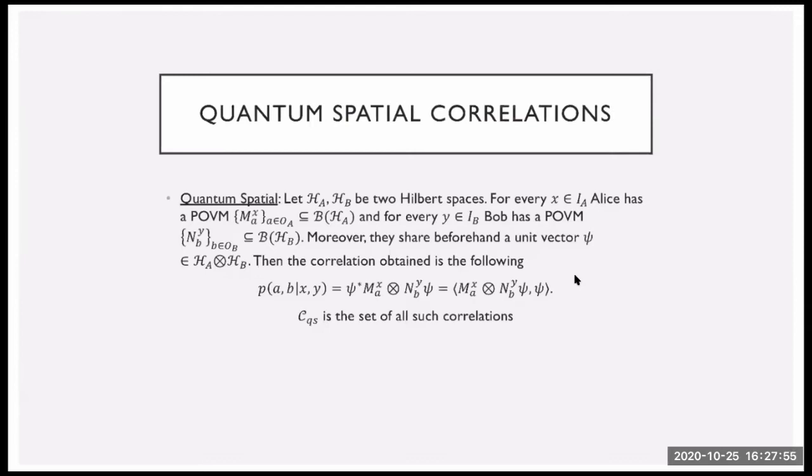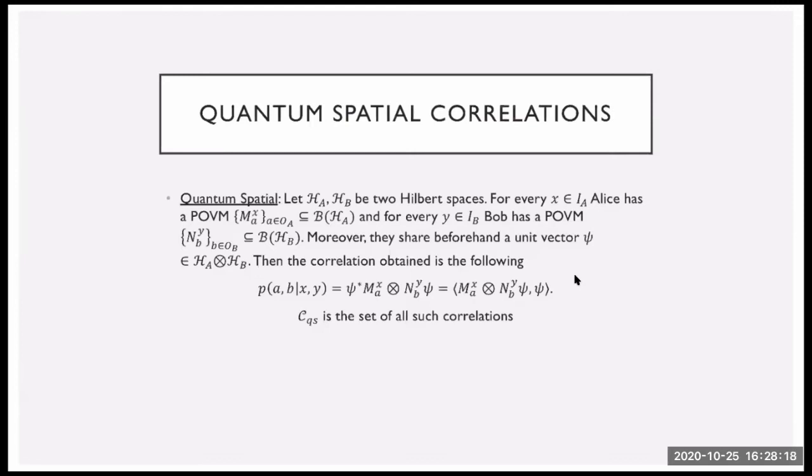Also, Bob, for any question y, has some experiment, so he defines a POVM for any question. They share some unit vector psi in H_A tensor H_B. Again, we should think of this psi as the current condition the system is in, the current state of the system.